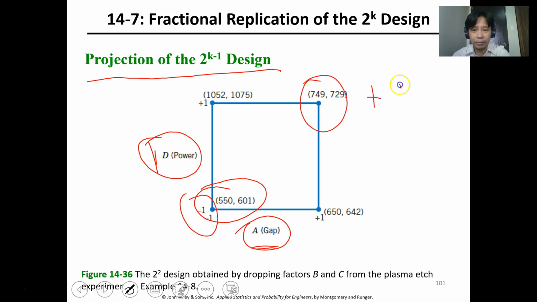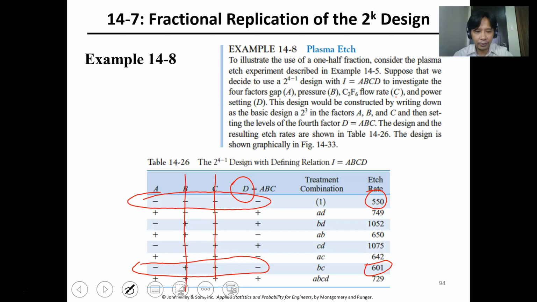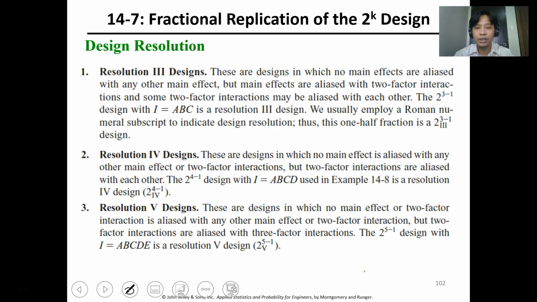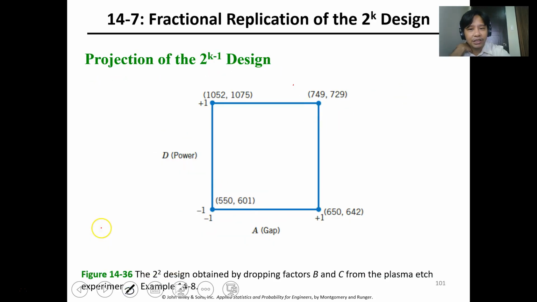Ito naman yung parehong high. So, these are positive. So, nakita nyo siya dun sa experimental design. So, parehong positive ito at tsaka itong nasa baba. So, meaning this 749 tsaka 729 will be assigned to this one. So, meaning may replication ka na. Tama?